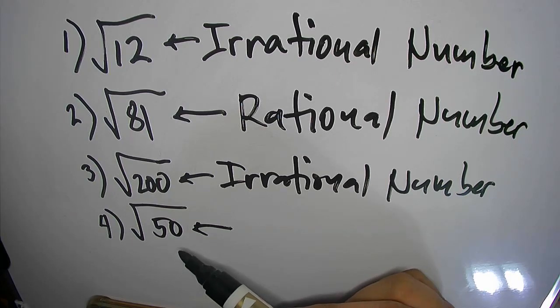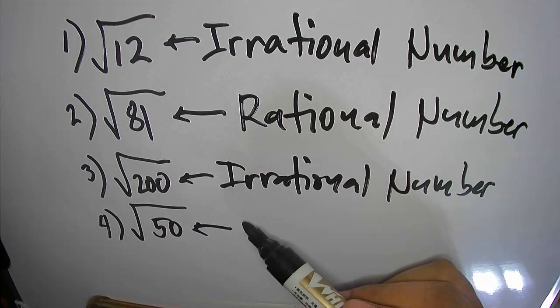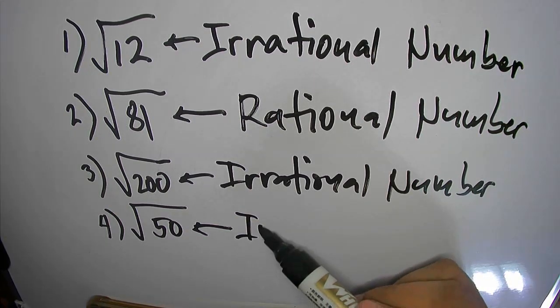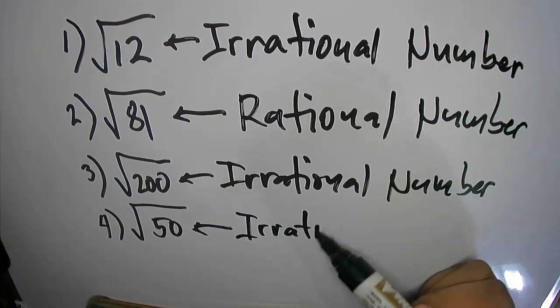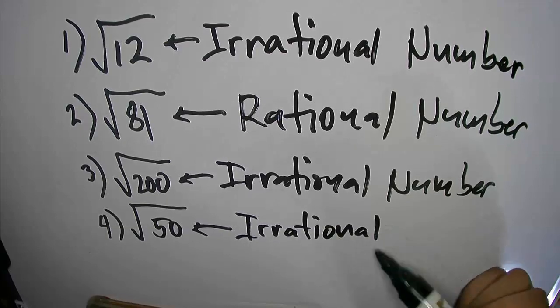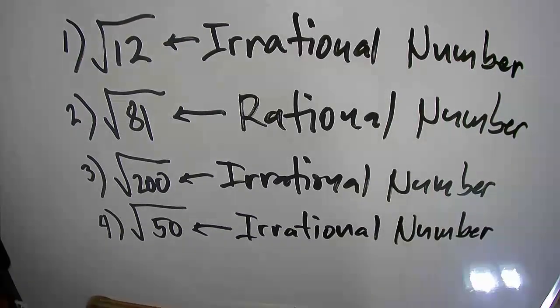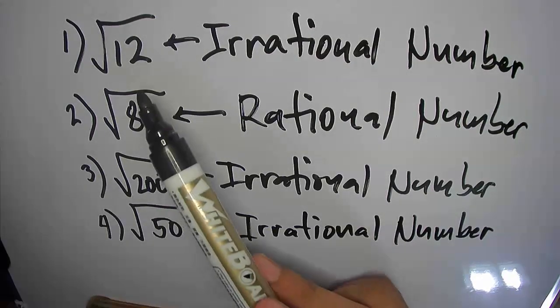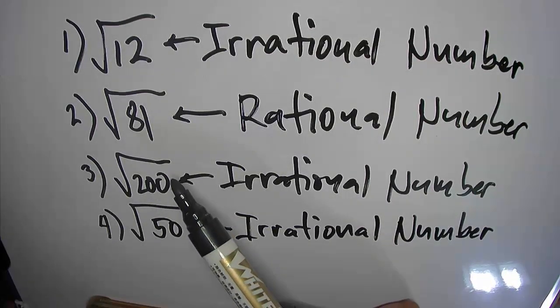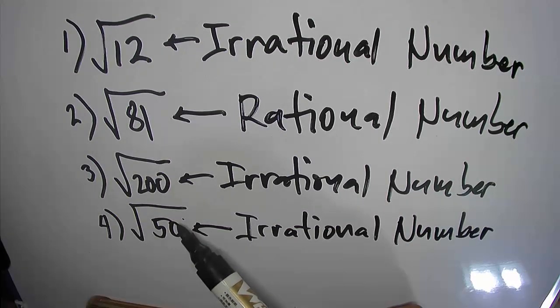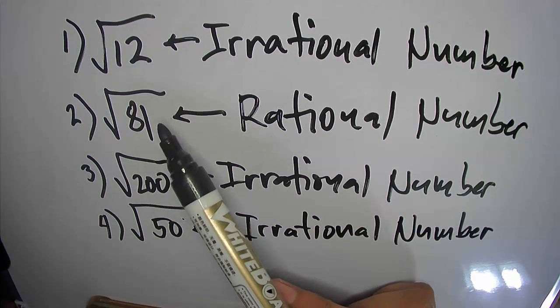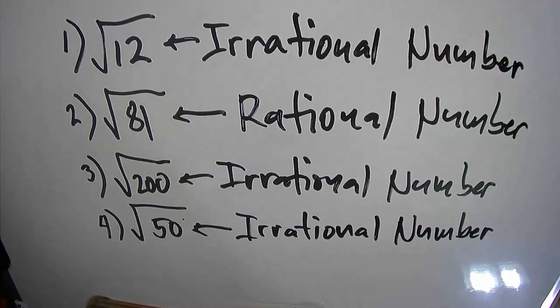So, hindi. Wala. So, ibig sabihin uli nito, ang square root of 50 belongs to irrational number. Square root of 12, square root of 200, square root of 50 are irrational numbers, whereas square root of 81 is a rational number.